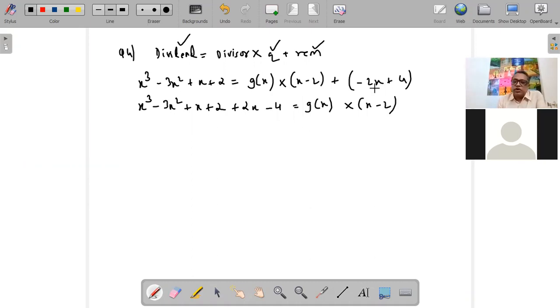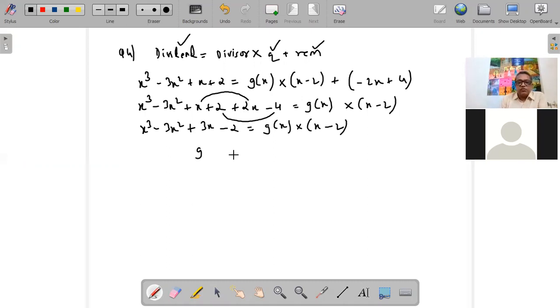So I am shifting these 2 terms to the left. See the sign change: minus becomes plus and plus has become minus. Now x cube minus 3x square as it is; x and 2x are like terms, which gives plus 3x. Then 2 and minus 4 become minus 2, equal to g(x) into x minus 2.